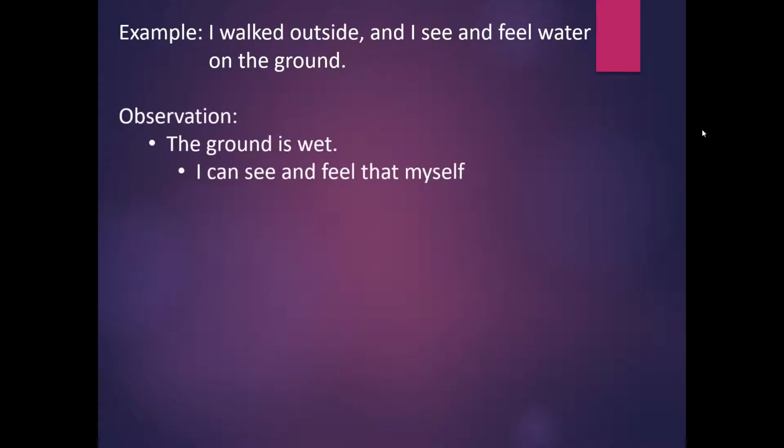An observation would be the ground is wet. This is something you can see and feel for yourself. If I see a puddle of water, and I can feel it underneath my rain boot, it's proven. It's a fact that the ground is wet. That's an observation.